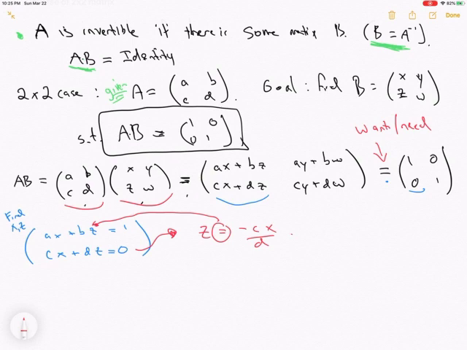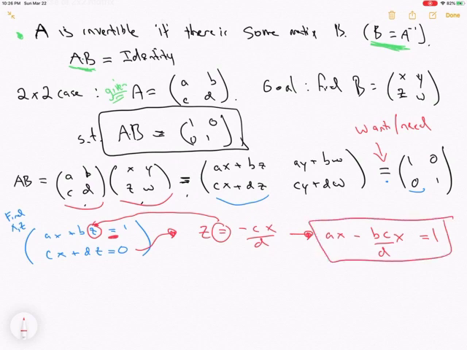Then the first equation becomes ax minus bcx over d equals 1. So we've done the substitution; we've replaced this z with negative cx over d.